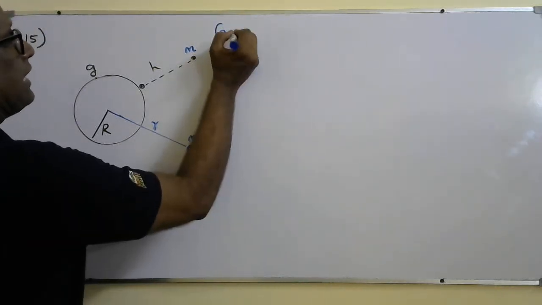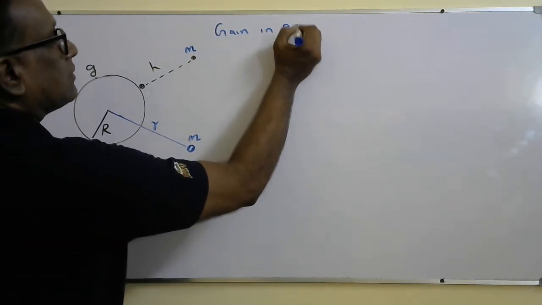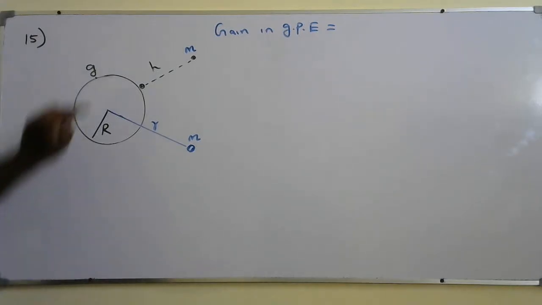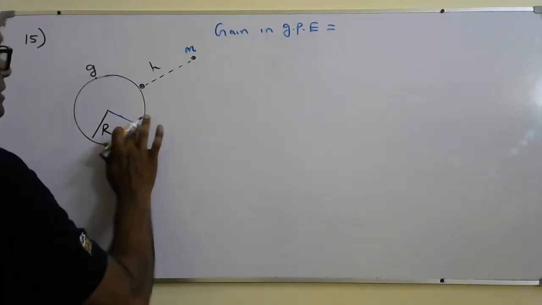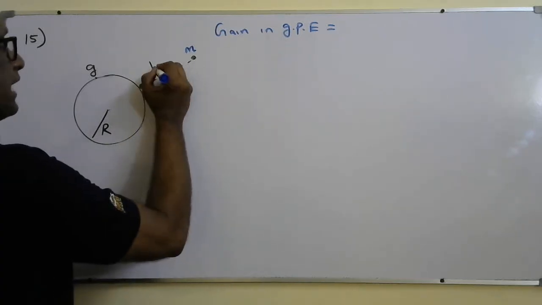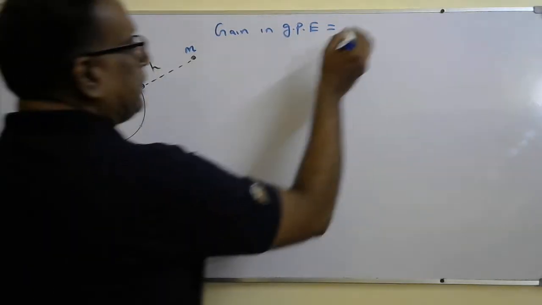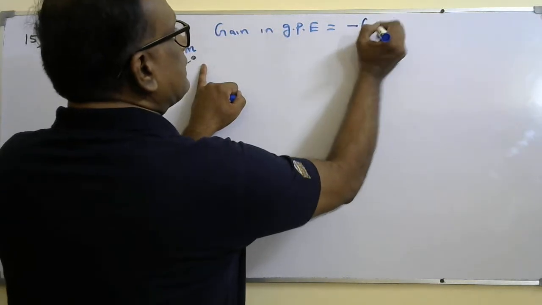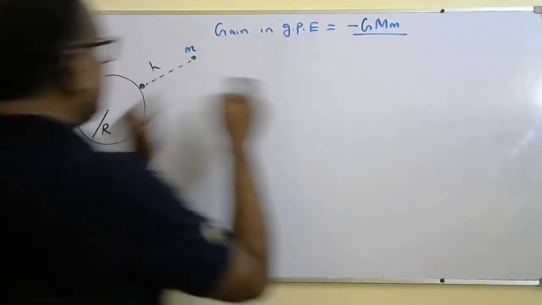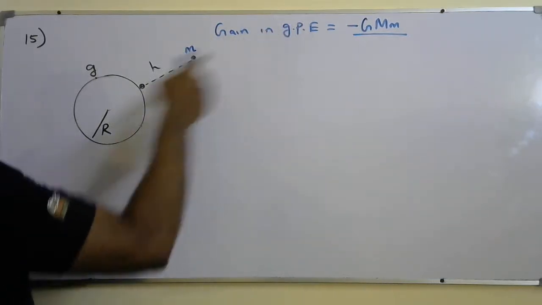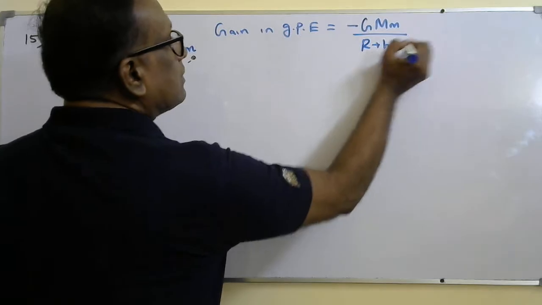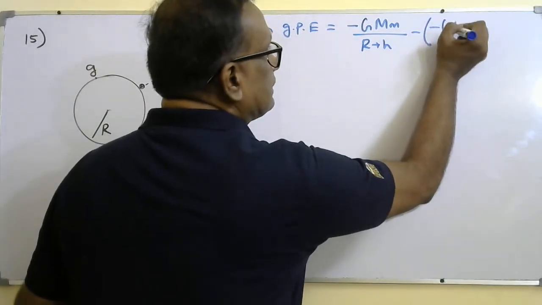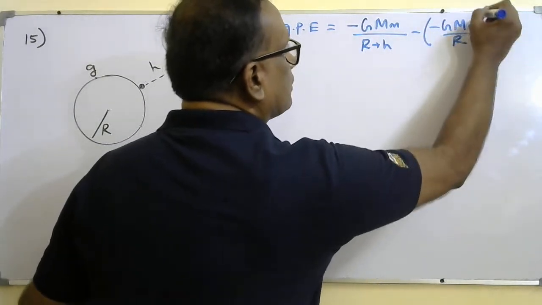The final GPE at height h is minus GMm over R plus h, minus the initial GPE on the surface of the planet, minus GMm over R.